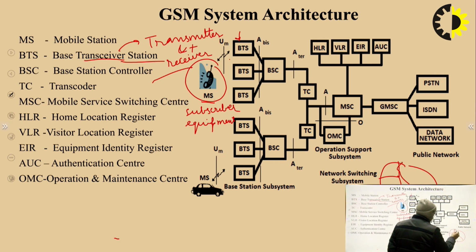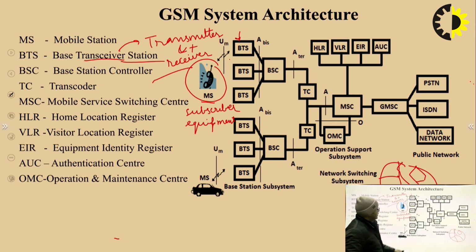The shape of these cells is hexagonal. The next component in the GSM system architecture is BSC, which is known as base station controller.